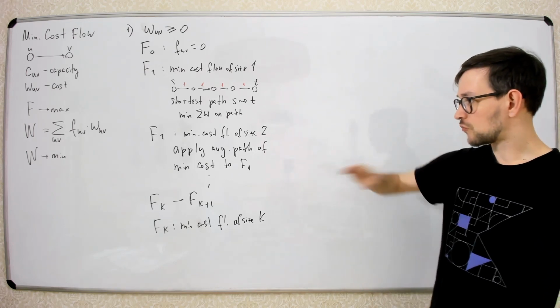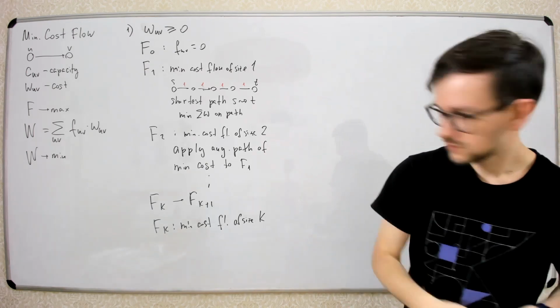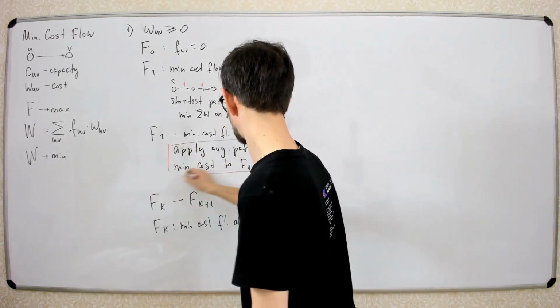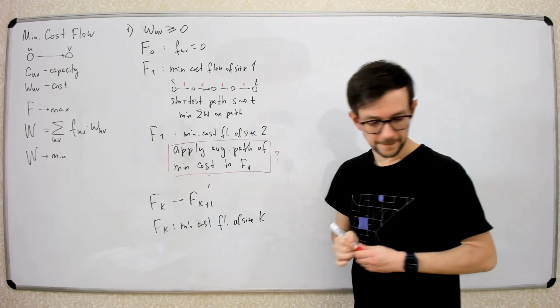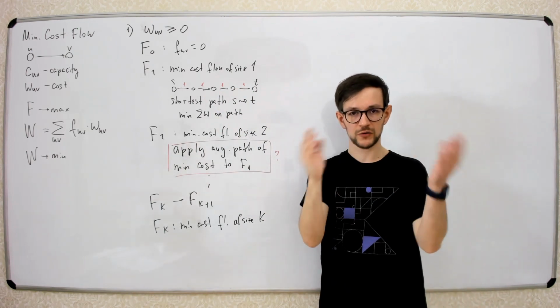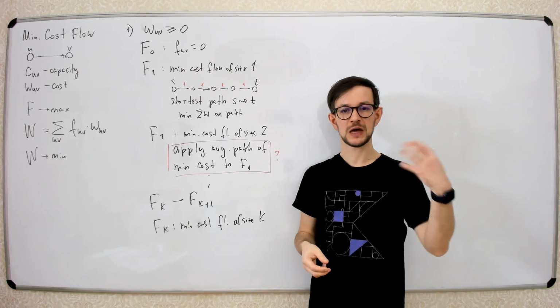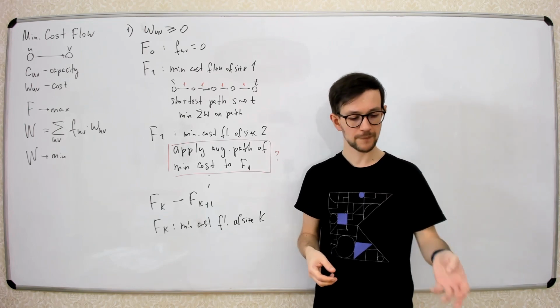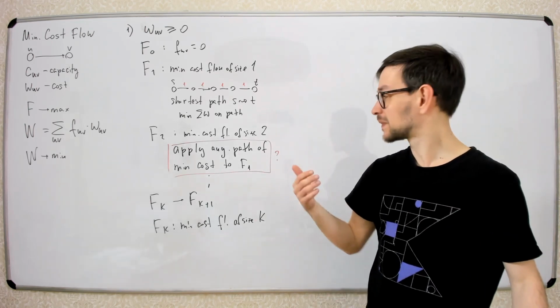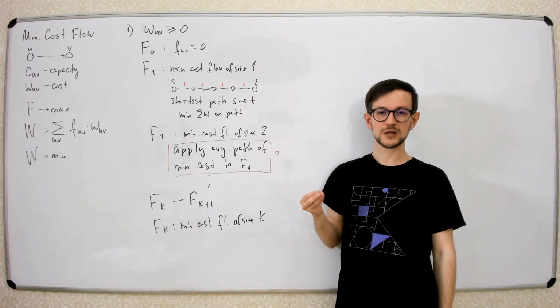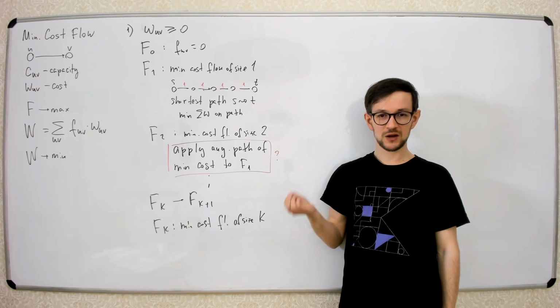Now, how to find this augmenting path of minimal cost? If you have your current flow and you want to find the shortest path in the residual network, how can you do it? How can you find the shortest path in the residual network?